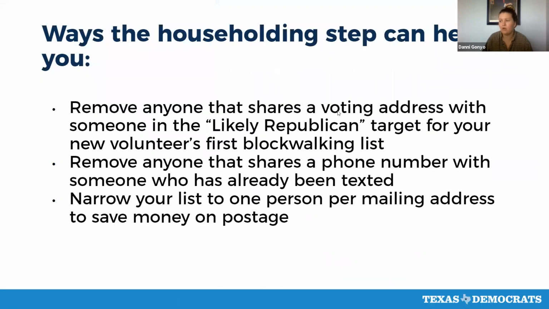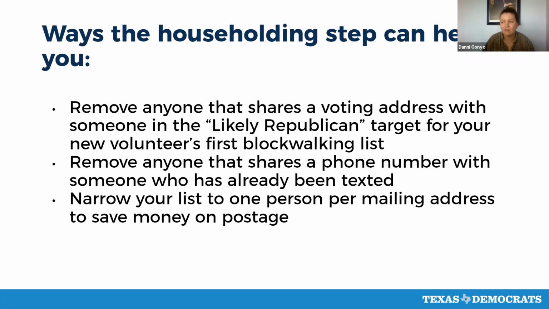So here's a few more examples of how the householding step can help you out. Like I said, remove any person that shares an address with someone in the likely Republican target. This is especially helpful if you have a brand new volunteer that's helping you out. You're a precinct chair, you have a new block captain, and they want to go out and talk to voters in the neighborhood, but they are deathly terrified of talking to Republicans. This can be really helpful for easing people in.